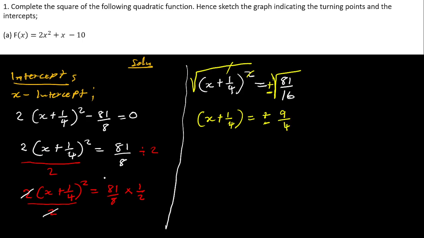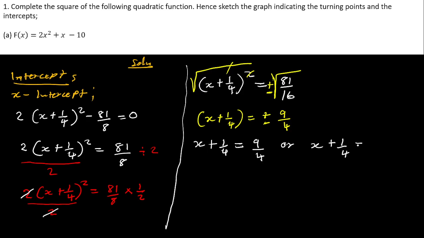After you work out that, you can now separate these two guys. So you can say x plus 1 over 4 is simply equal to 9 over 4, or you can say x plus 1 over 4 is simply equal to negative 9 over 4. Negative 9 over 4. So once you do that, you can take this to the other side.